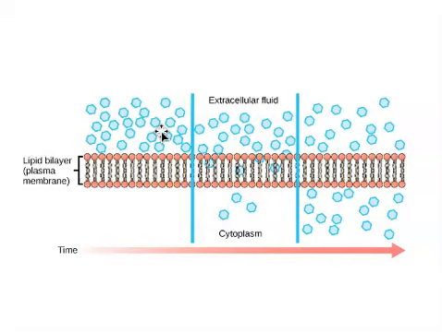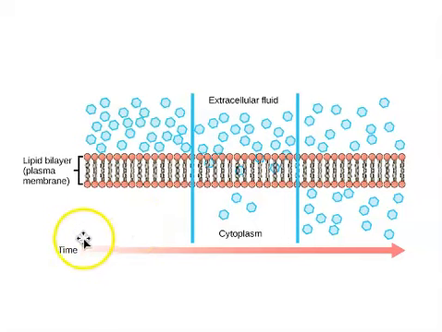So, if we start over on the left at the beginning of the time period, we can see a very obvious concentration gradient here of this blue molecule. There's a high concentration of blue on the outside of the cell, and there is literally none on the inside of the cell. So there's a huge concentration gradient here, high and low.